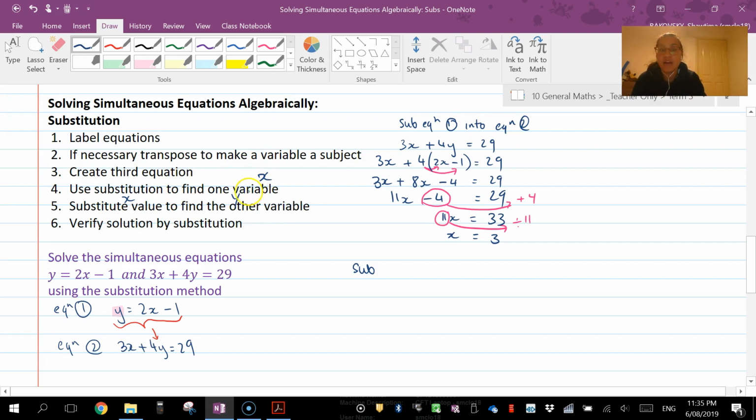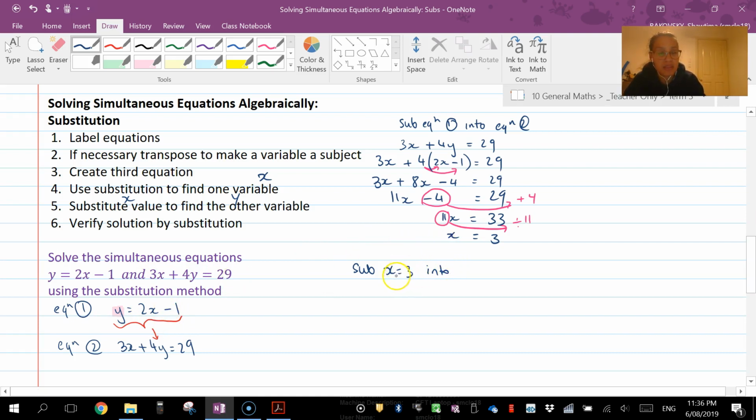Find the equation that is the easiest to substitute and then work from there. So substitute x equals 3 into, you can use any equation to find this, because remember, it's that point of intersection where those two lines meet. So it doesn't matter which one you substitute x into. In this case, I'm going to use my standard form. It's just a lot quicker and faster.